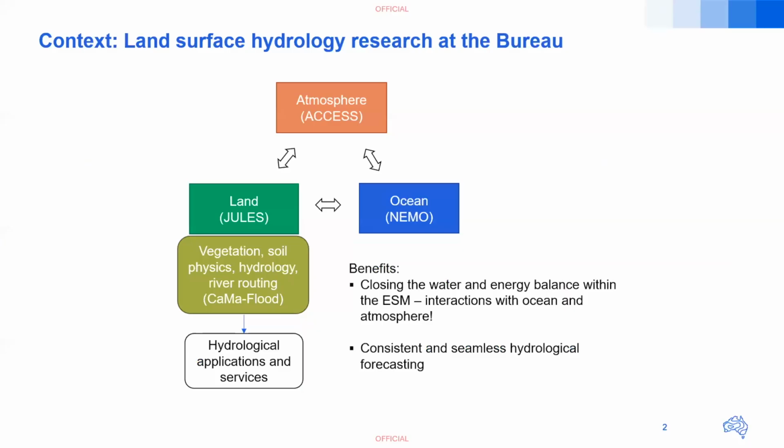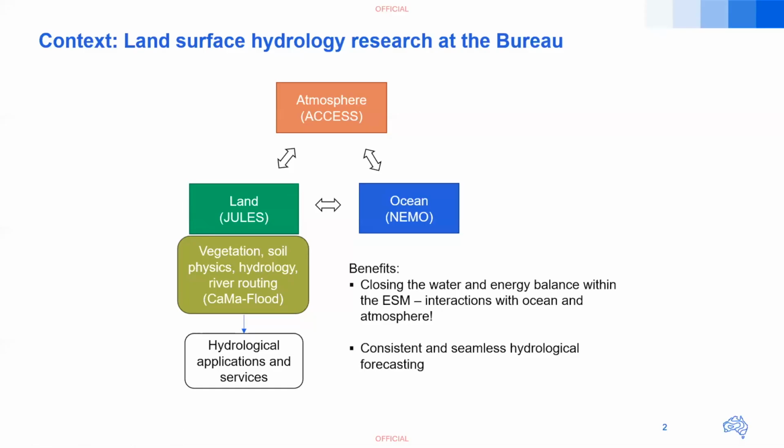Just to give a context, at the Bureau of Meteorology, I work in the land modeling team, and we are looking at enhancing the JULES land surface model for use in hydrological applications.